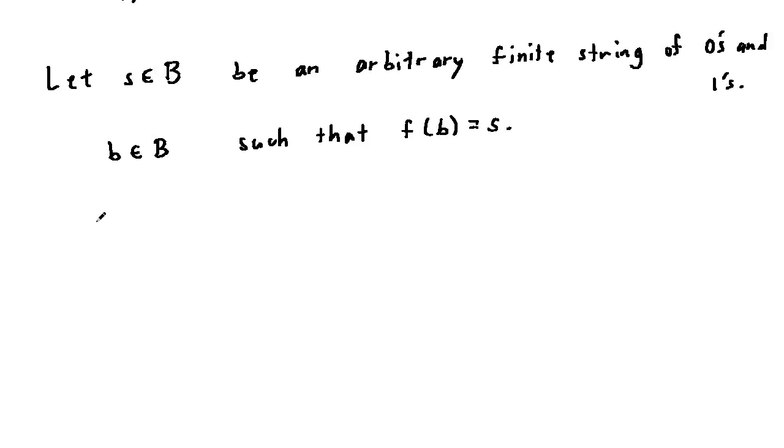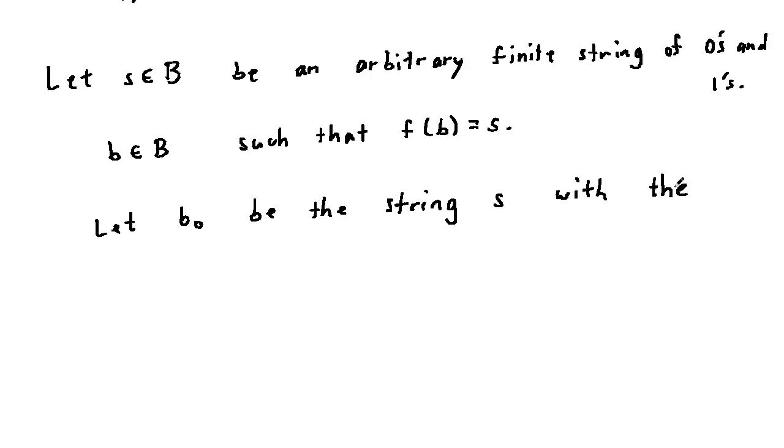So let b0 be the string S with the zeros and ones swapped. Okay, so we took an arbitrary string S and then we swapped the zeros and ones in S. That's what b0 is.